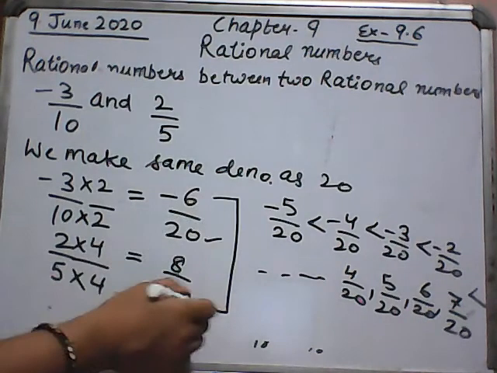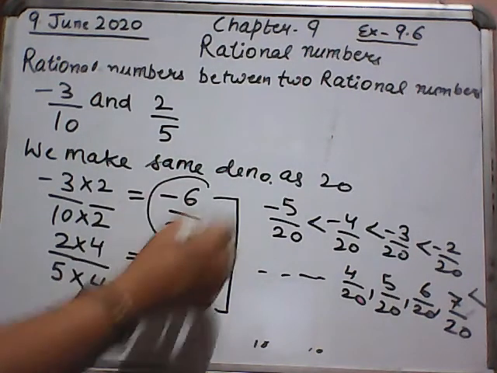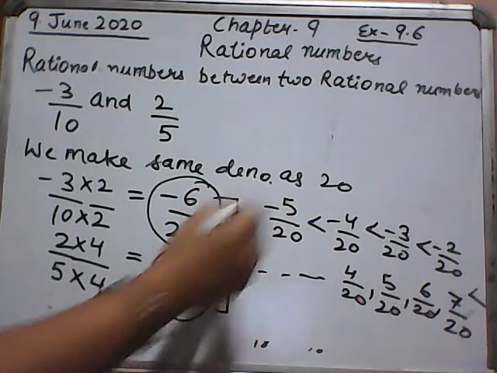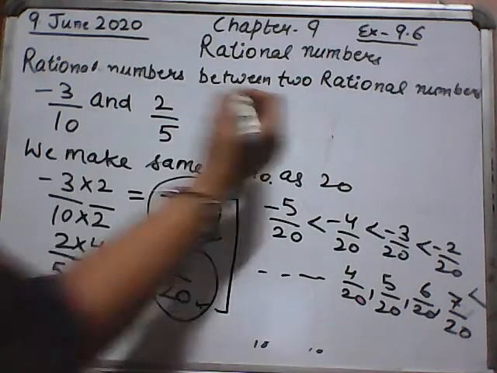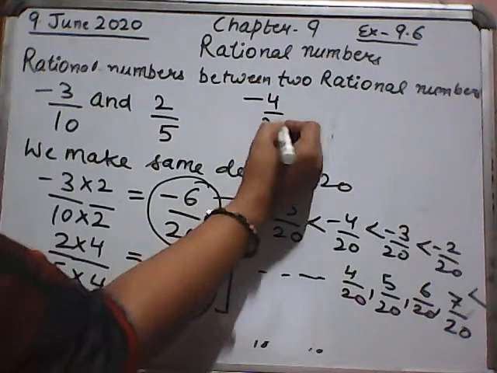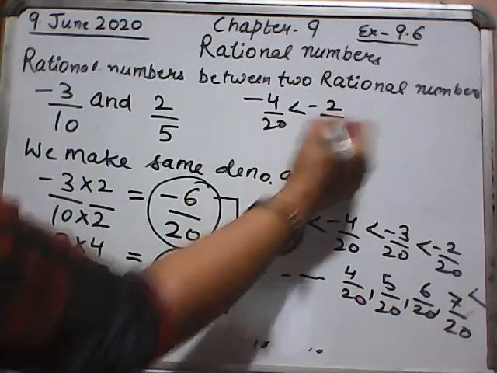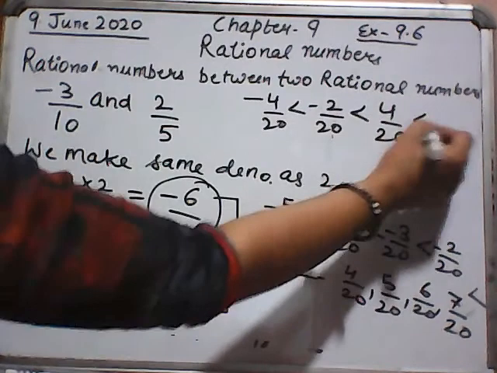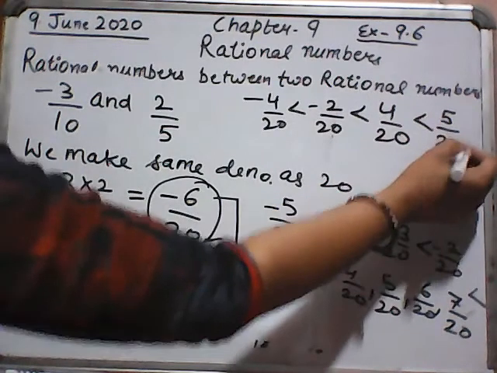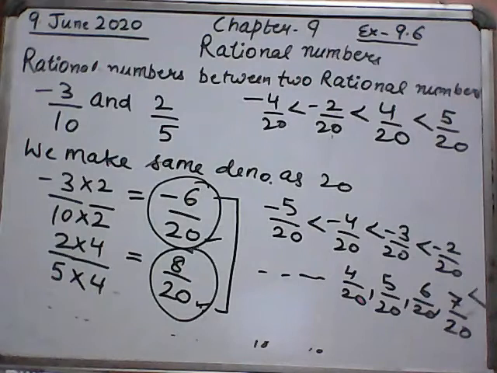Many rational numbers lie in between. We can choose any four. Suppose we take minus 4 by 20, minus 2 by 20, 4 by 20, and 5 by 20.